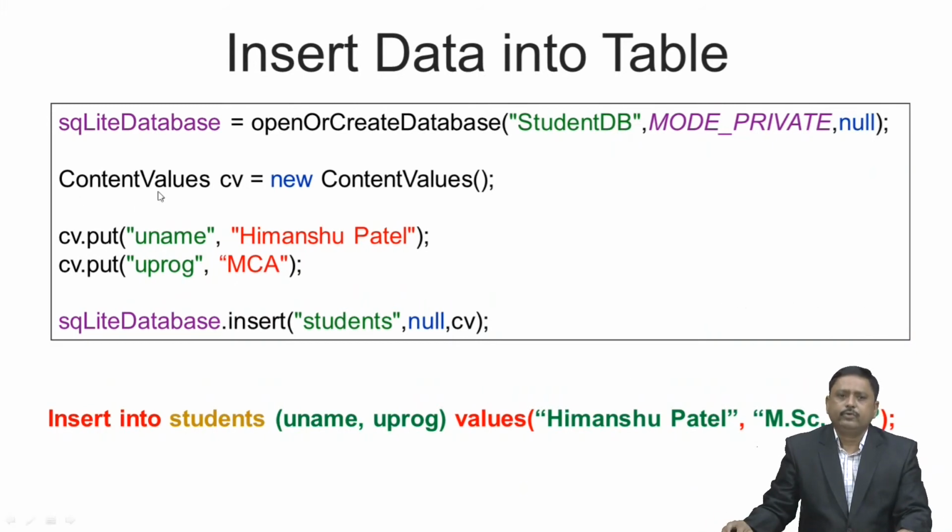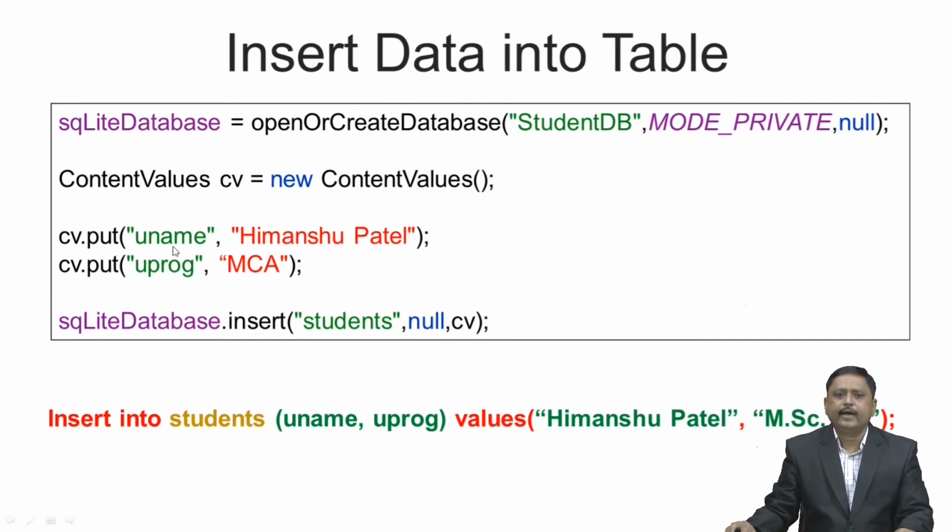So, first you have to define content values. I write content value CV is equal to new ContentValues, and using the put method I want to put that value inside the content value. So CV dot put, and the first argument is the name of the field.